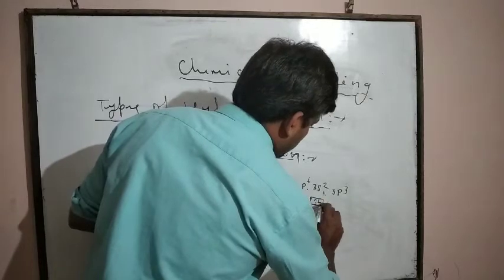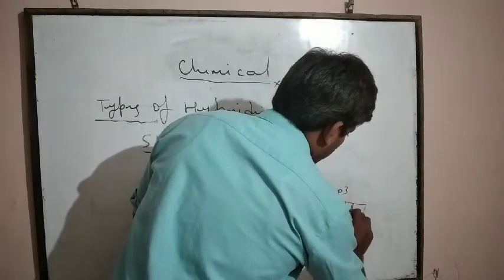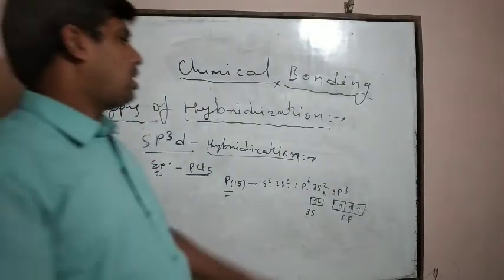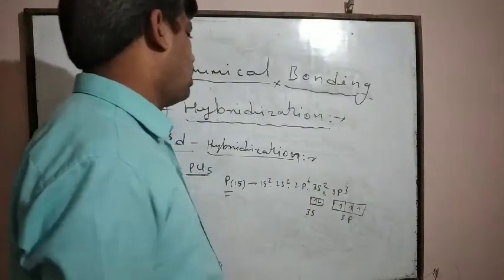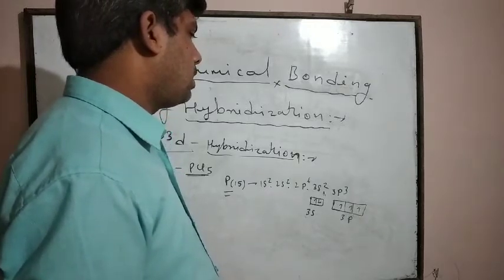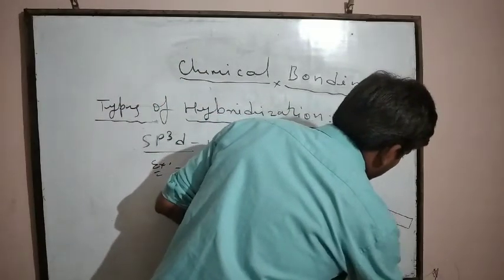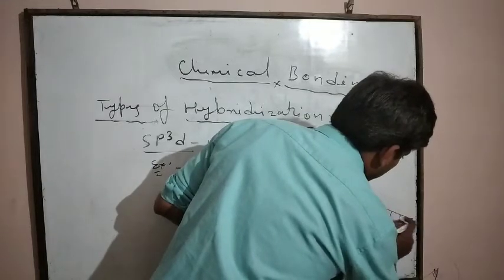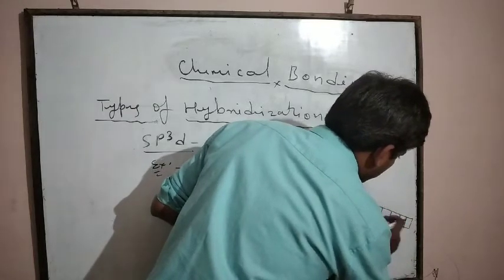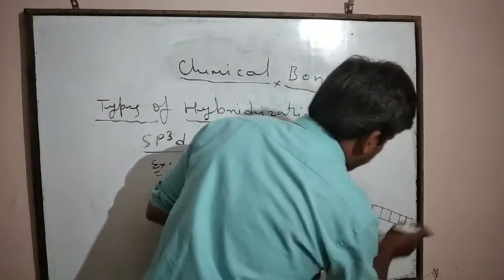2 electrons are present in 3s and 3 electrons are present in 3p. 3d is also present, but it is vacant.